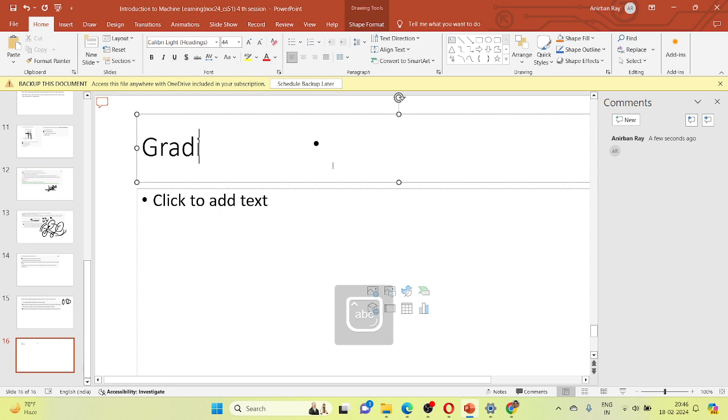So we are going to learn about an optimization technique called gradient descent.